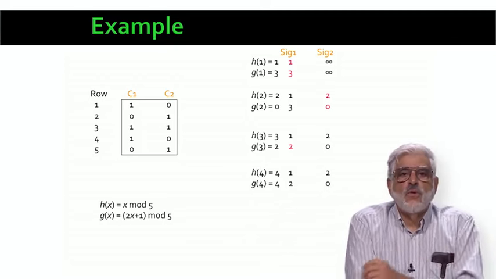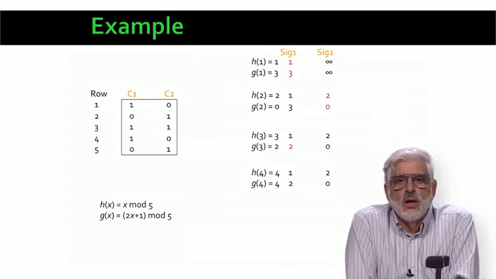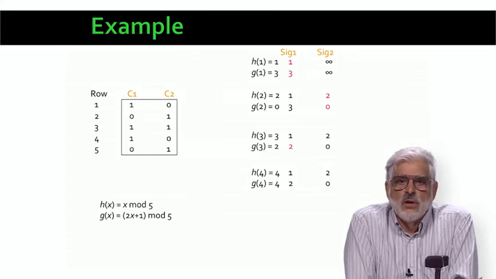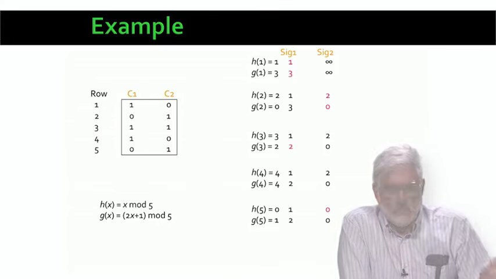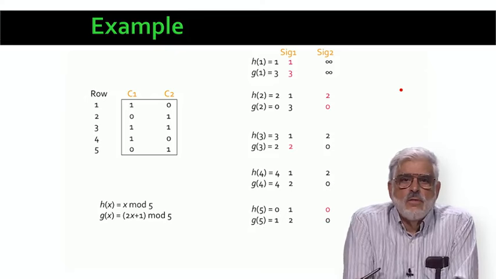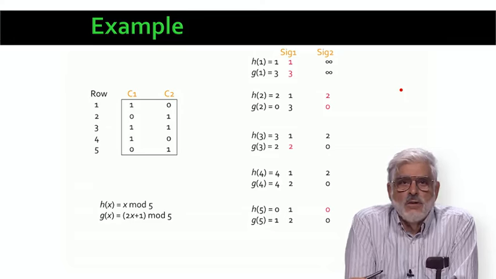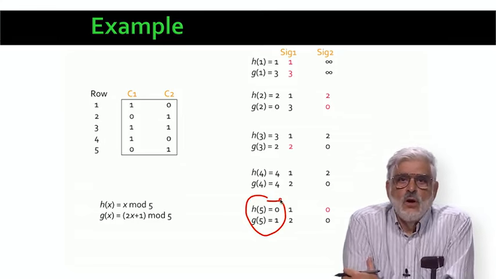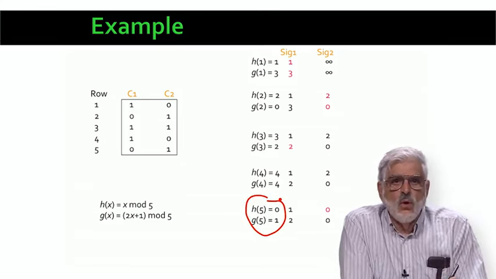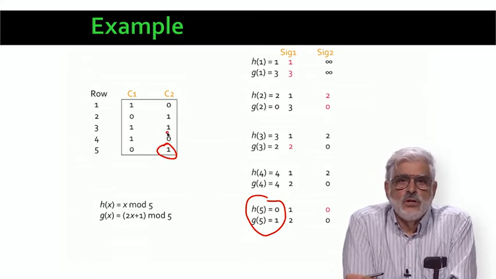h of 4 is 4, and g of 4 is 9 modulo 5, which is 4. And since 4 is larger than any of the current slots for the first column, no changes are made. Finally, h of 5 is 5 modulo 5, or 0, and g of 5 is 11 modulo 5, or 1. Only the second column has a 1 in row 5, so we can only change its signature.